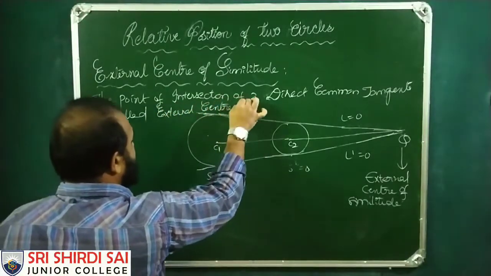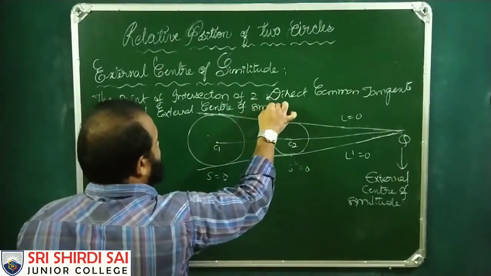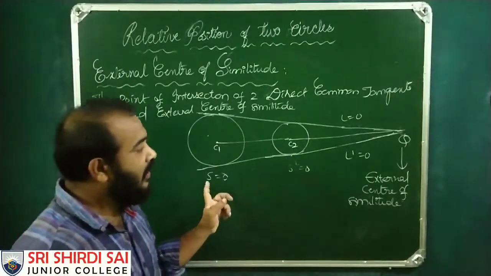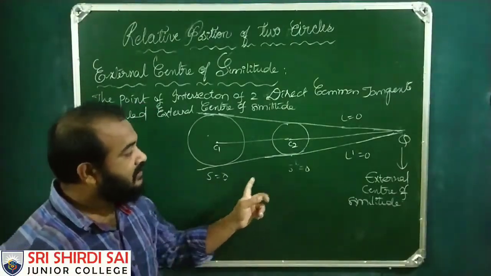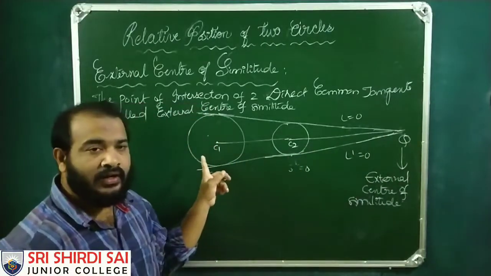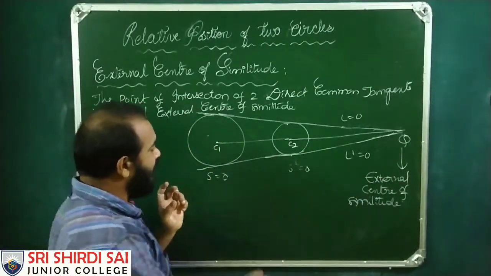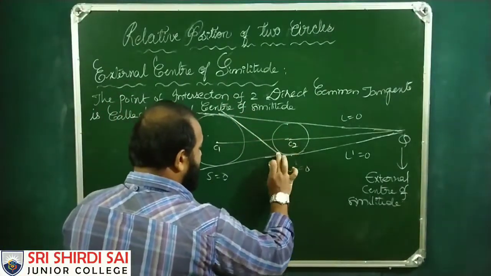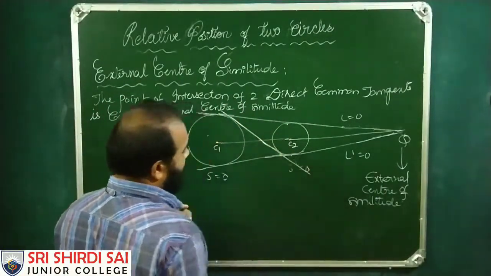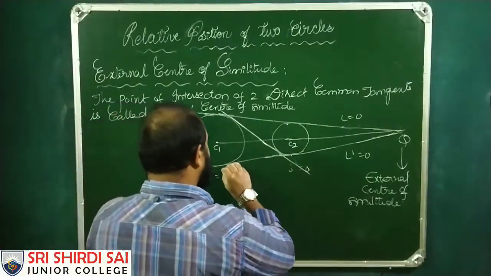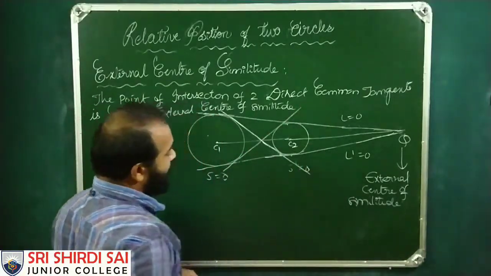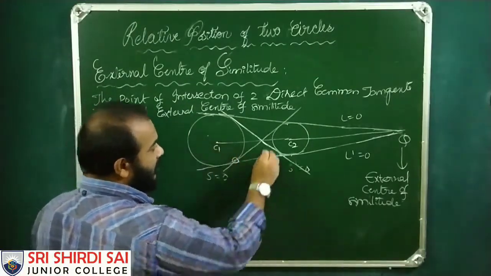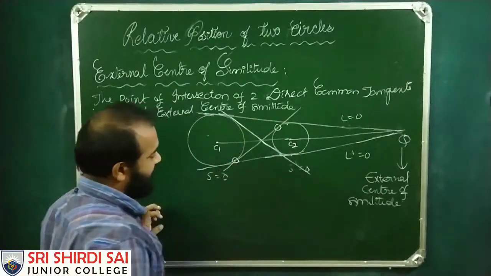Why did the name come like that? Because this point of intersection is lying on the exterior of the line joining the two centers. And earlier, for example, this is one transverse common tangent, and this is another transverse common tangent. Let this transverse common tangent touch here, and this one touch here, for example.